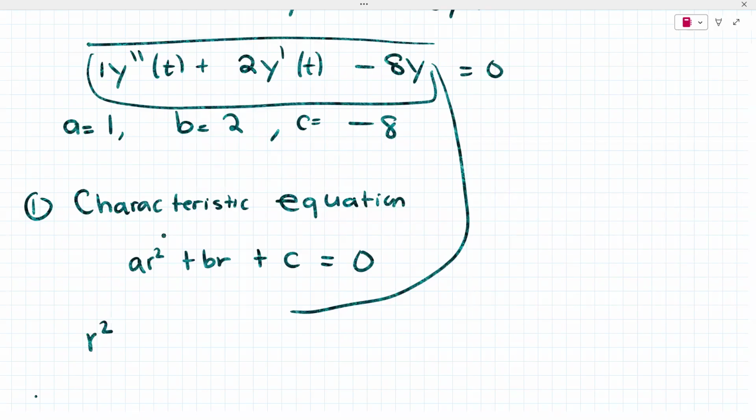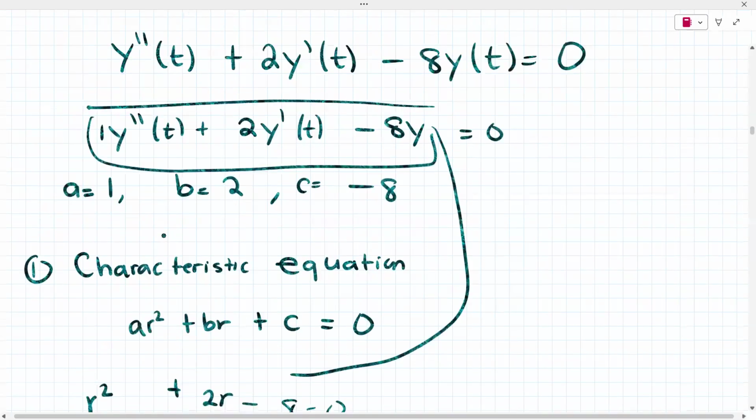So the double prime t is just represented as R squared plus 2R minus 8 equals 0. See? That's all we did.